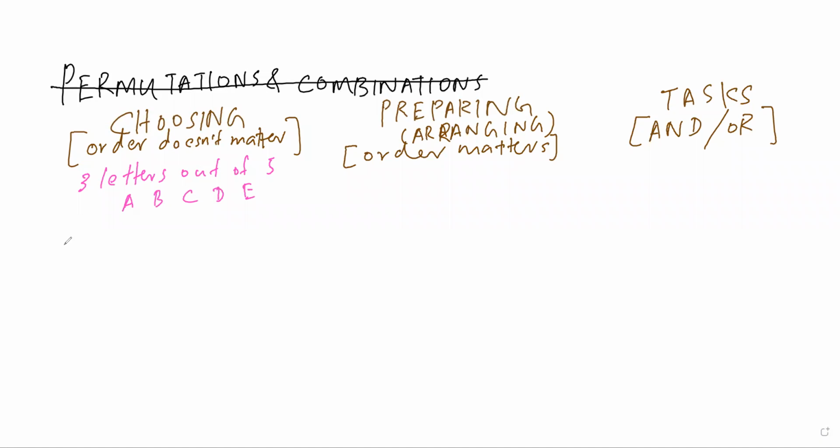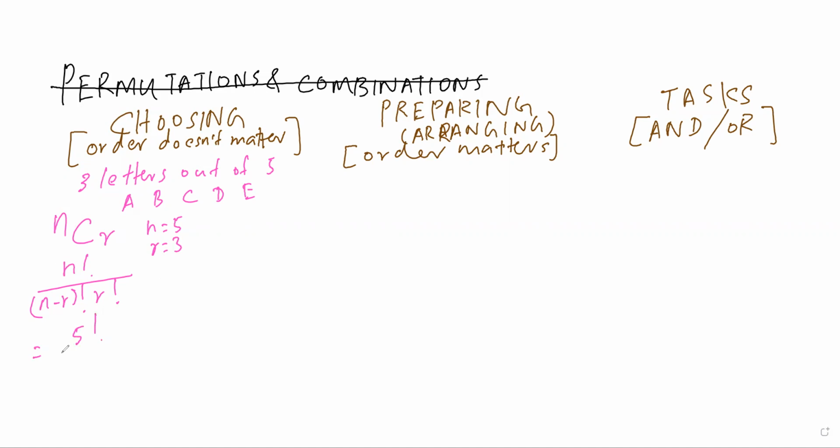If you're looking at the ways of choosing, it's nCr. This is the definition of that, how to write it, how to calculate. So in this case, n is 5 and r is 3 because you're choosing 3 out of 5.